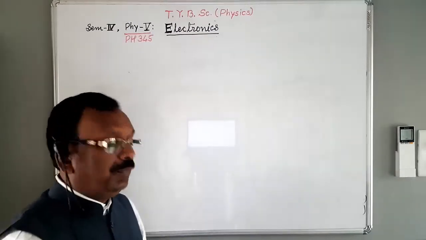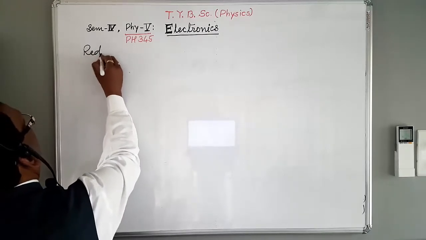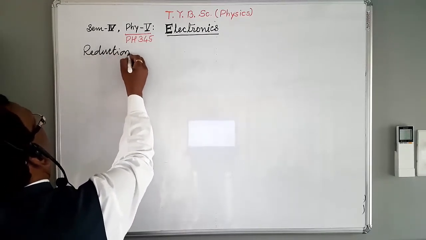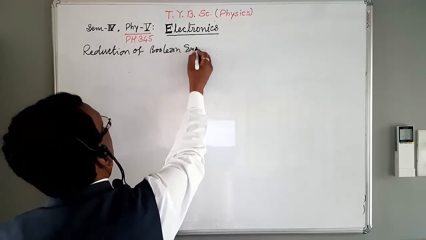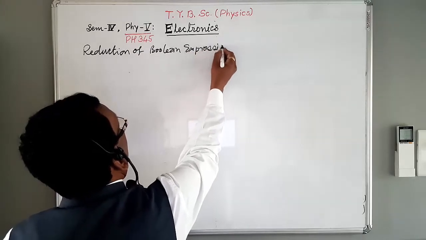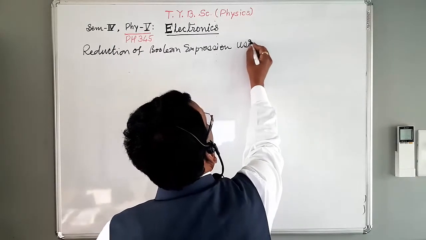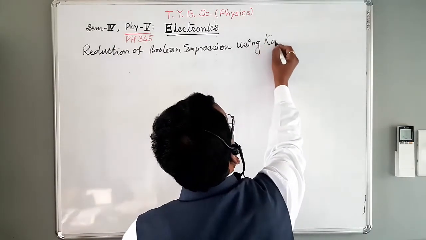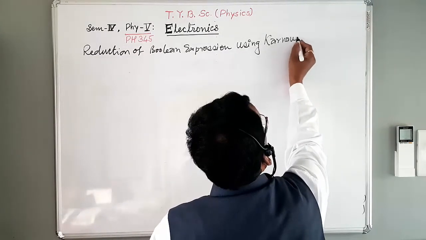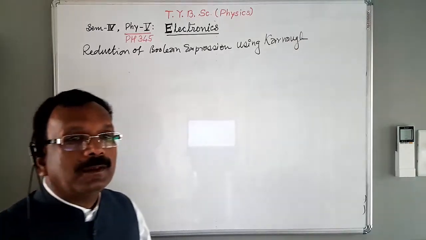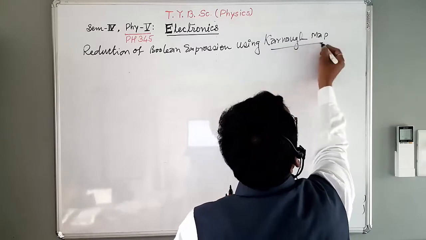Next one, reduction of Boolean expression using Karnaugh map, or simply K-map.